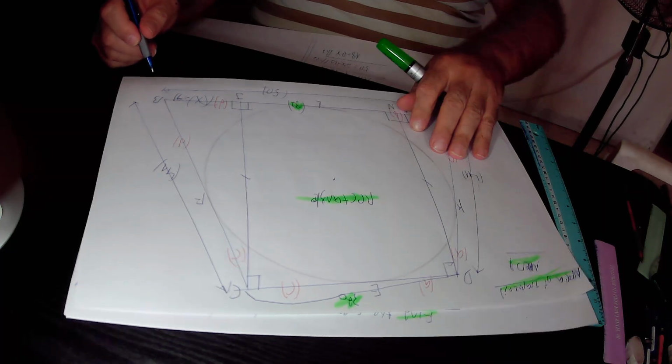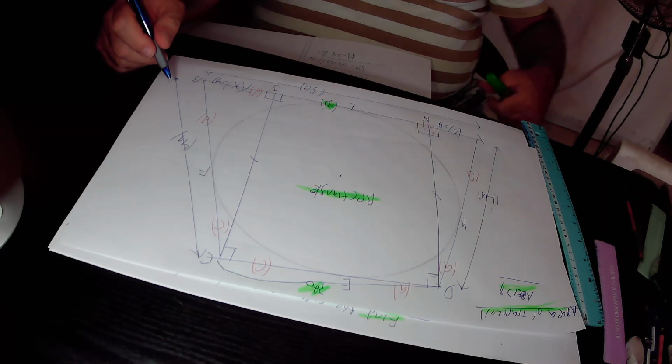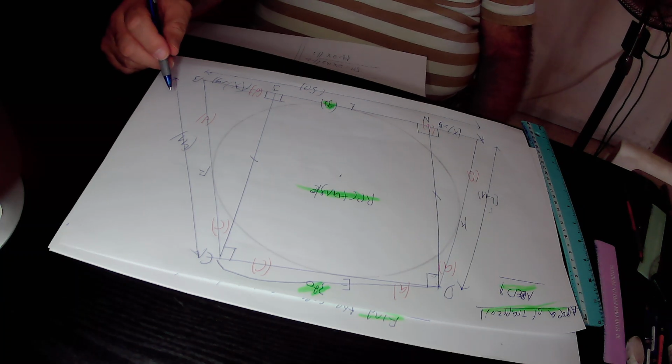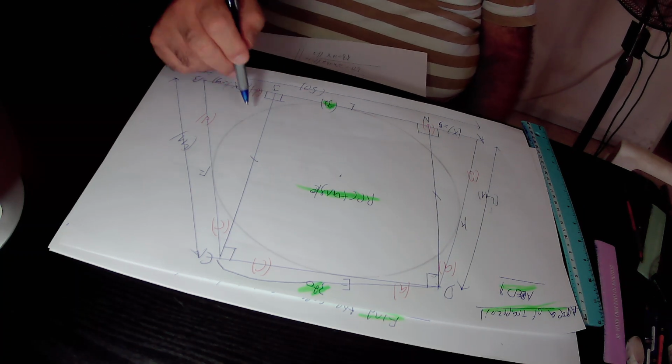In the next step, I will copy the right triangle CJB onto a new page, and we will apply the Pythagorean theorem to this right triangle CJB.